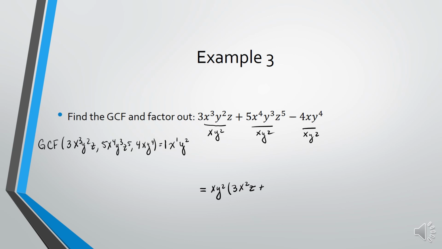For my next term, I still have the 5. We're canceling out one x, so I'm left with 3 of them. Canceling out 2 of my y's, so I'm left with one y. And we're not canceling out any z's. And my last one, the 4 stays. I've canceled out the x's, and I've canceled out 2 of my y's, so I'm left with y squared. So we factored out xy squared and rewrote this as a product.